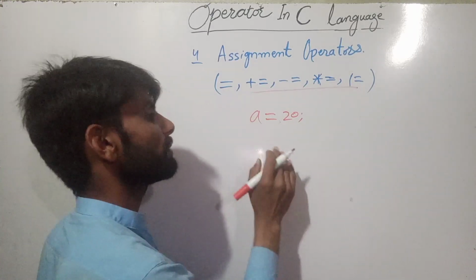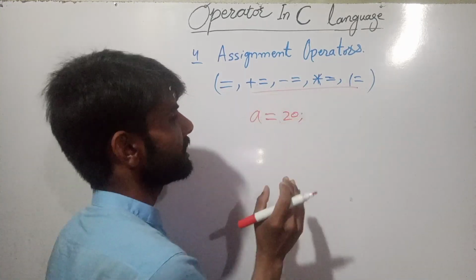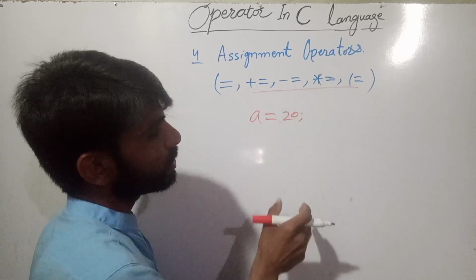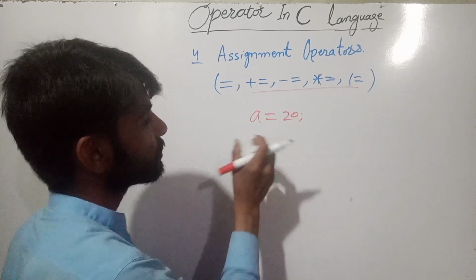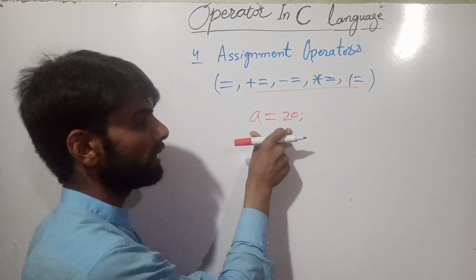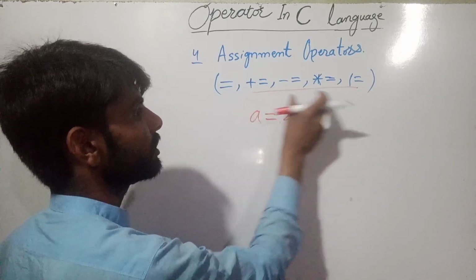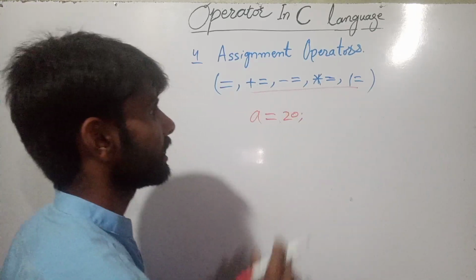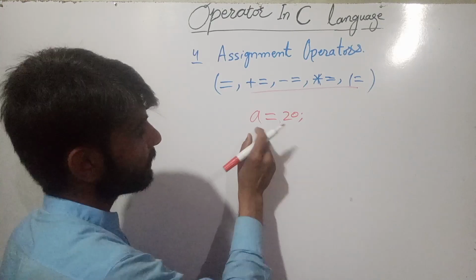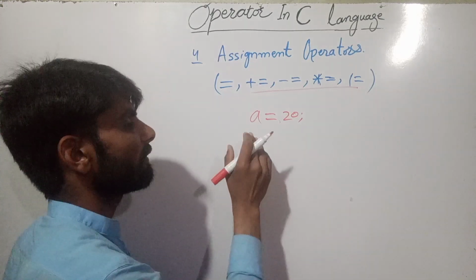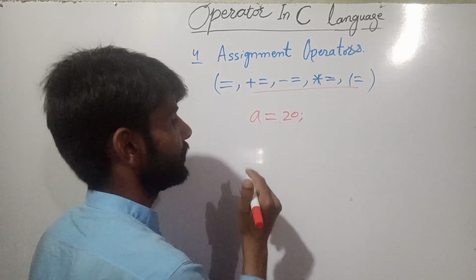This is an assignment operator, and this is also an assignment operator, but these operators are used to do calculations, right? First we have to declare the variable with the assignment operator and then work on it. For example, we write a is equal to 20, right?